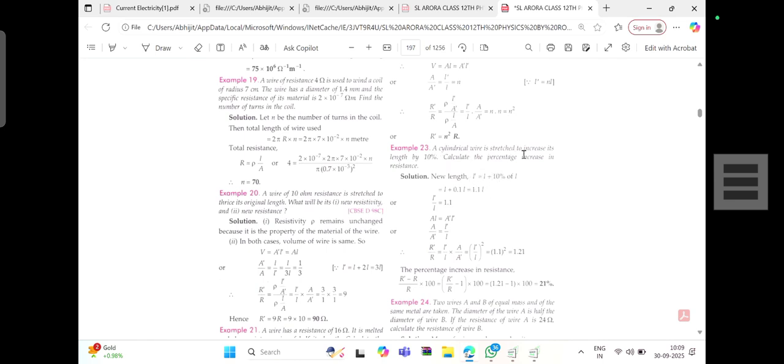That is asked in our question: when the length is increased by 10%, what is the percentage increment in resistance?